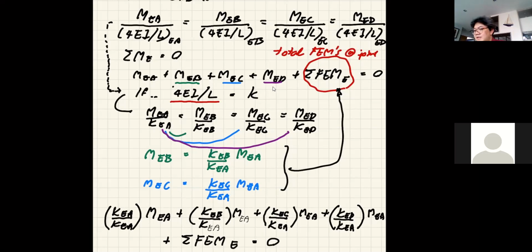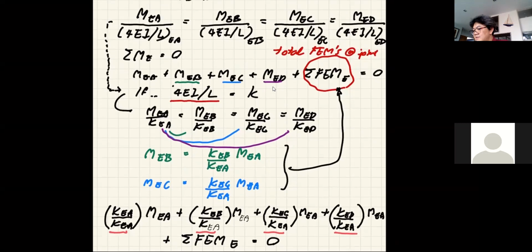Okay, so now you can see that we have all the denominators here. The denominator is always KEA. Okay, and therefore I can rearrange this term a little bit, but I am out of space, so it's to the next page.